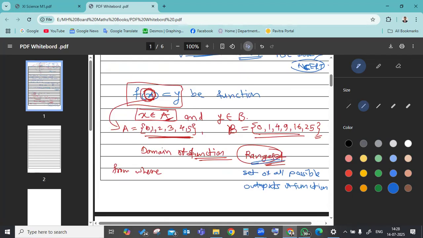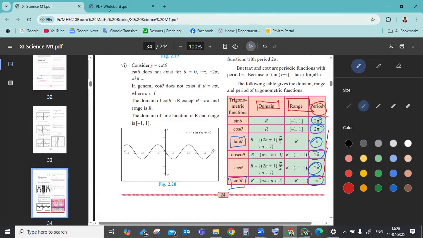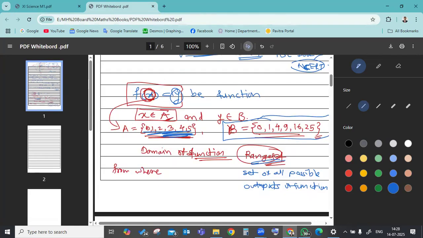Range means these are the values from set B taken by the function at a particularly chosen value of x. Understood?